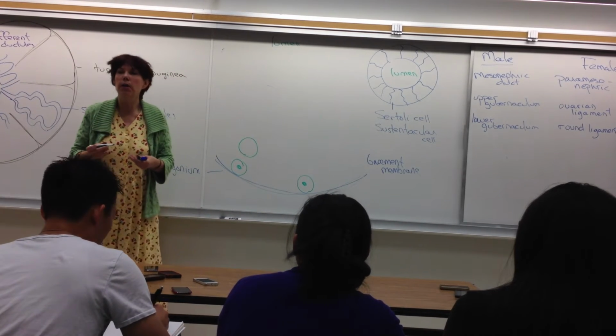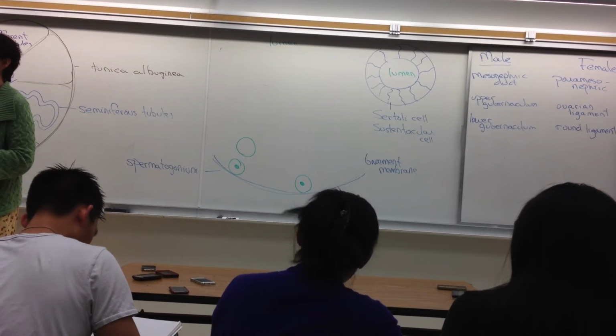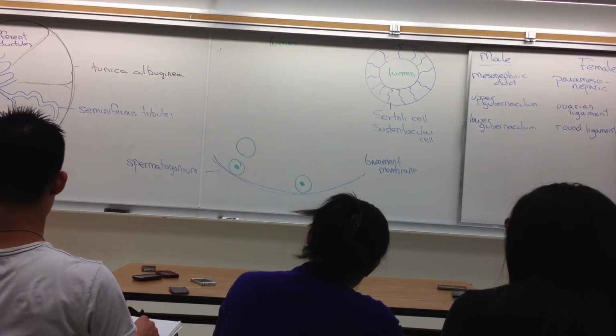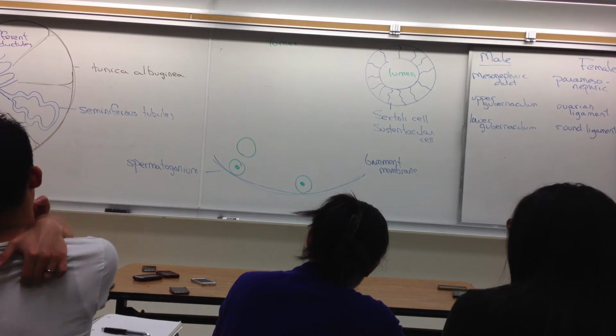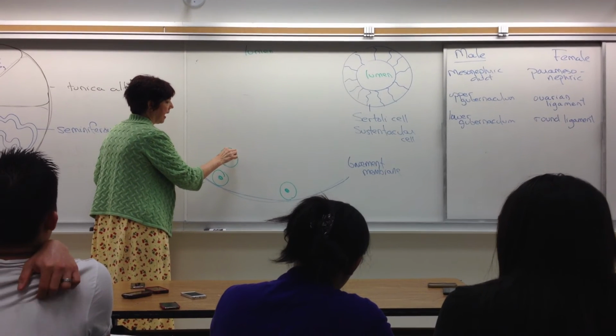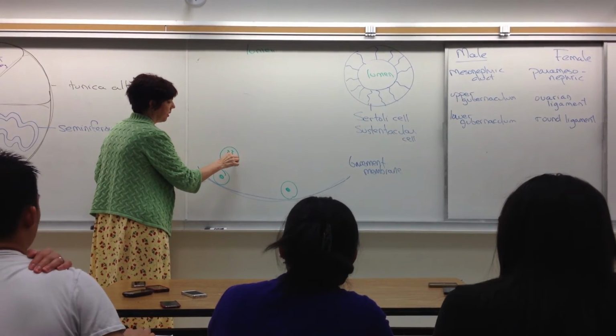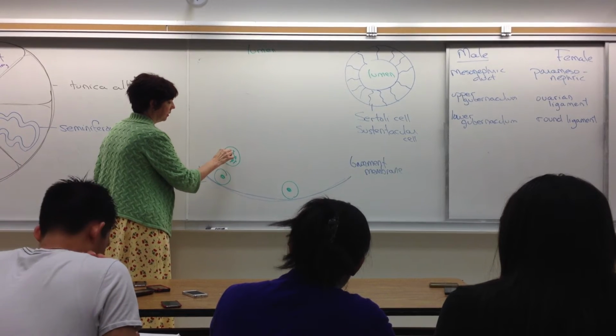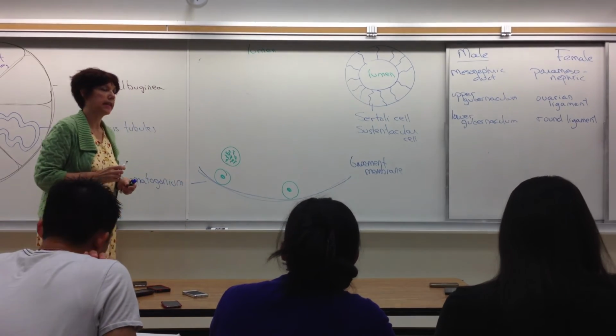And then the next one is going to start to undergo meiosis. It's going to undergo the replication of all of its chromosomes in preparation for cell division. Those chromosomes become condensed. So we have duplicated chromosomes. We can actually visualize them condensed within the cell structure.